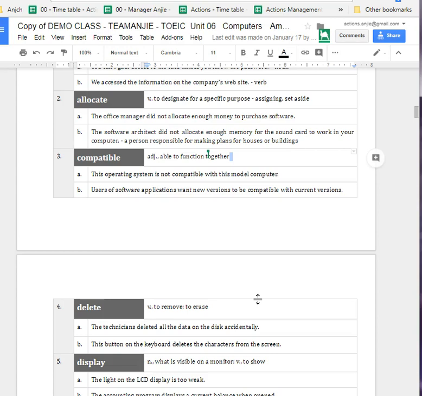An example is this operating system is not compatible with this model computer. And another example is users of software applications want new versions to be compatible with current versions. So it means to work together. Do you understand that? Very good. Can we move on to the next word?